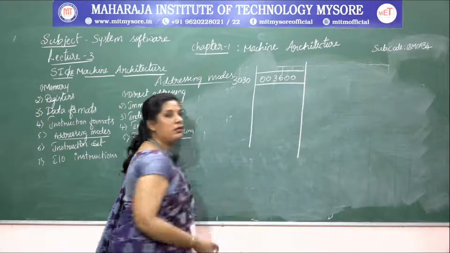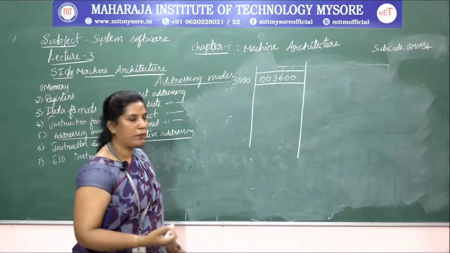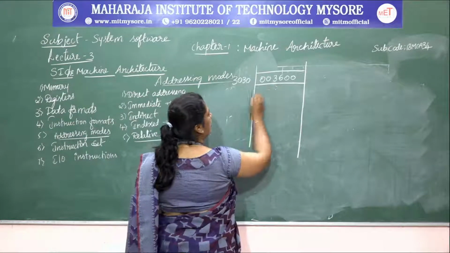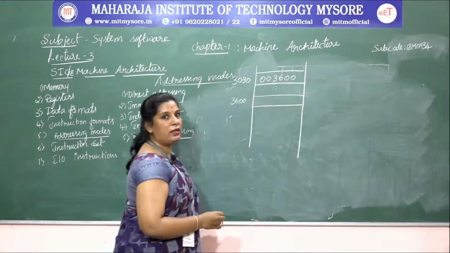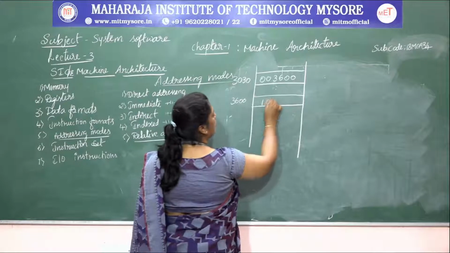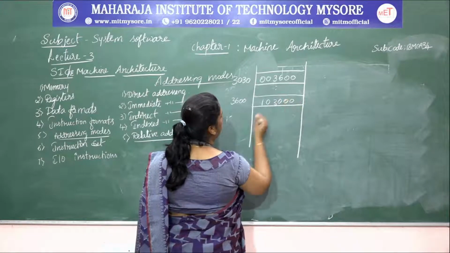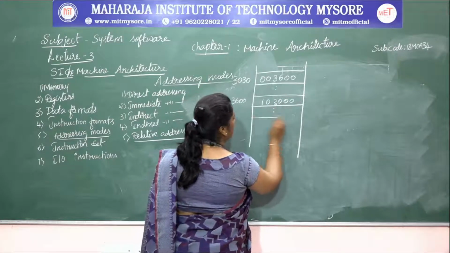It might be another memory location or some value. Let us assume that at memory location 3600, some value is there, 103000, whatever it might be.